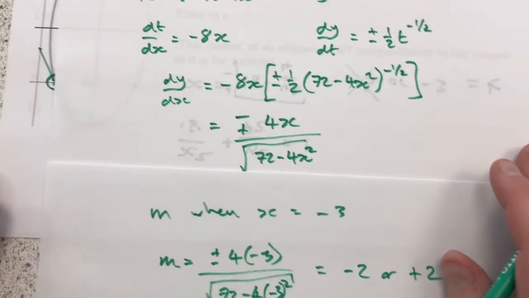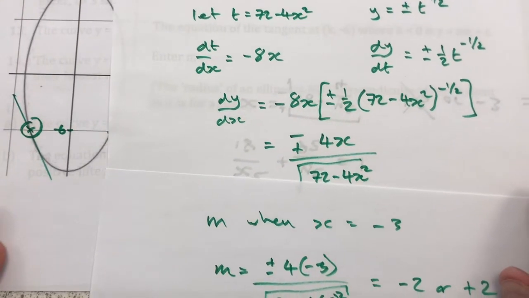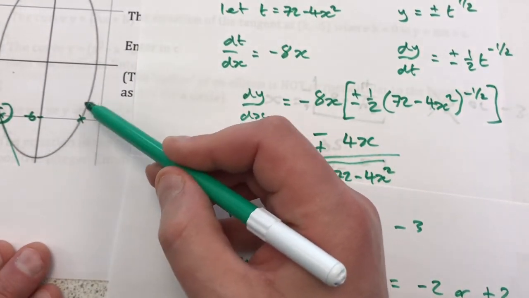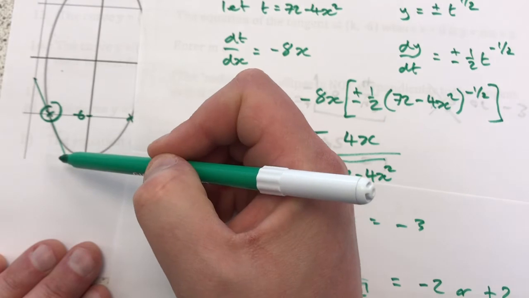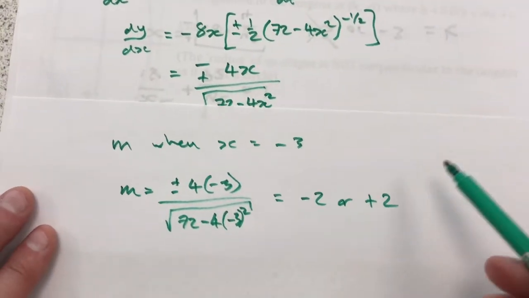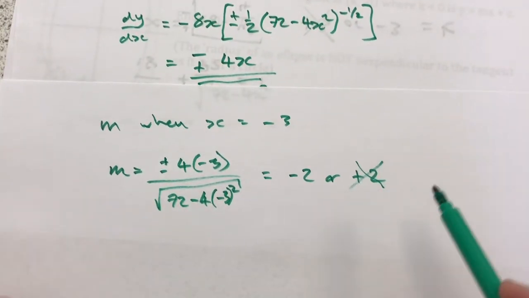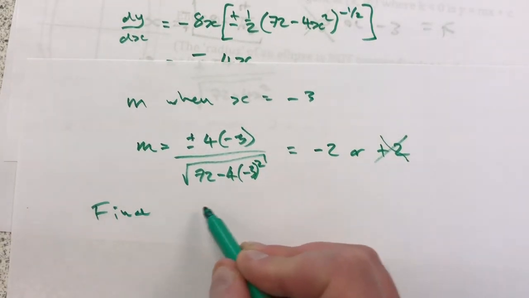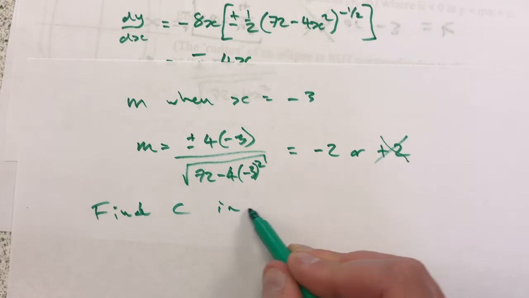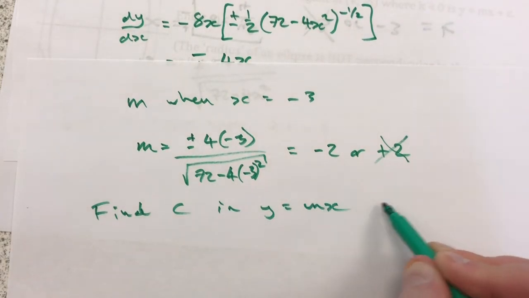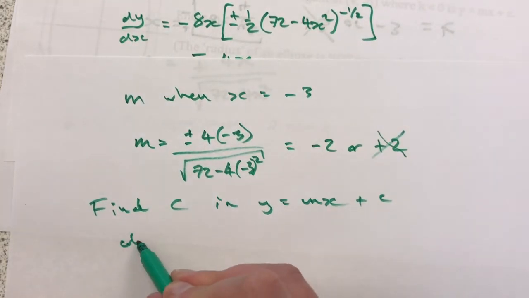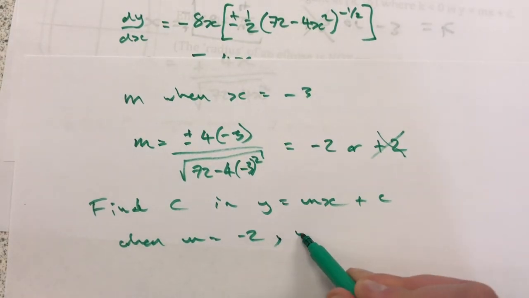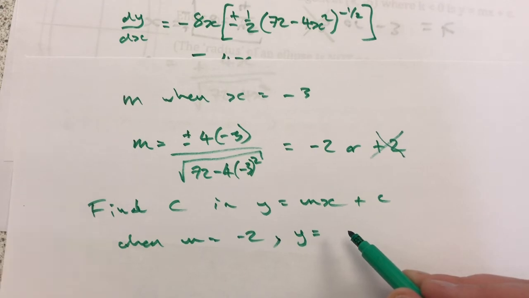And because of the diagram, again just showing the diagram here, we know that the plus 2 one is for the positive x value and the negative 2 one is for the negative x value. So I'm going to cross out this one. Finally, we need to find c in y equals mx plus c when m equals minus 2, y equals, what was the original question?